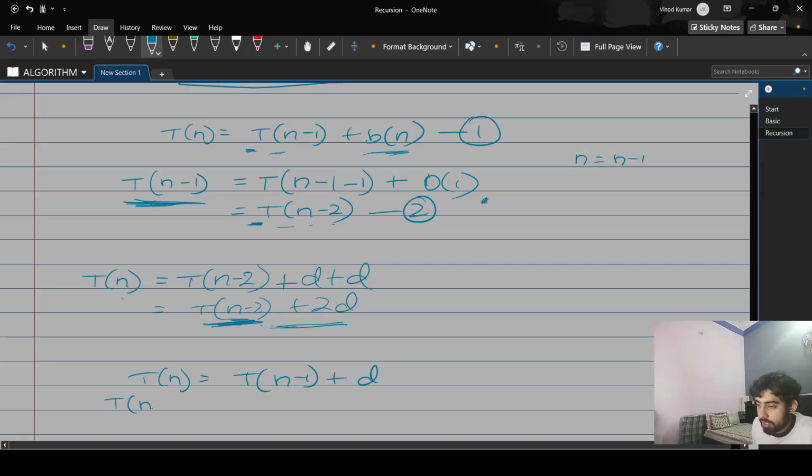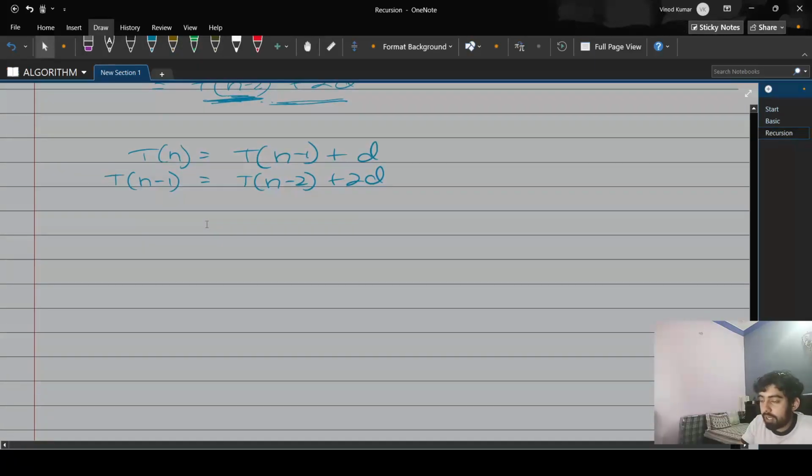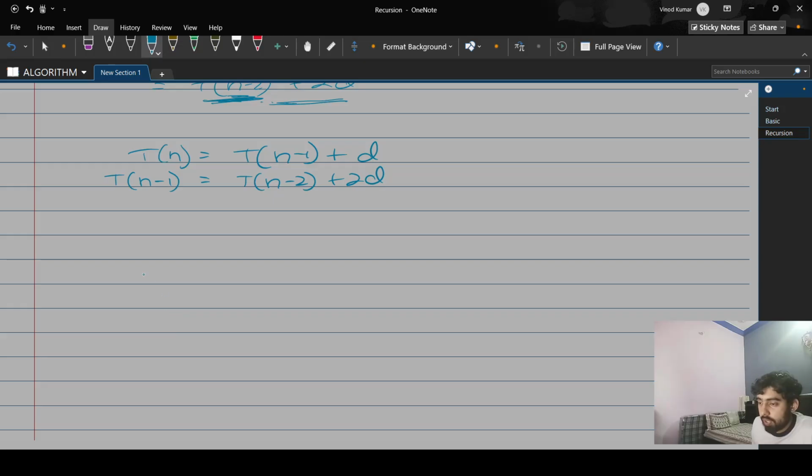The second equation that we wrote, it became T of n minus 2 plus 2d. So here we can understand there is a pattern that keeps on following. So we can generalize this as T of n minus k plus k d, whatever number of times we are doing.